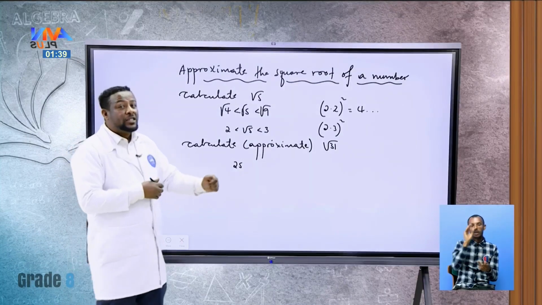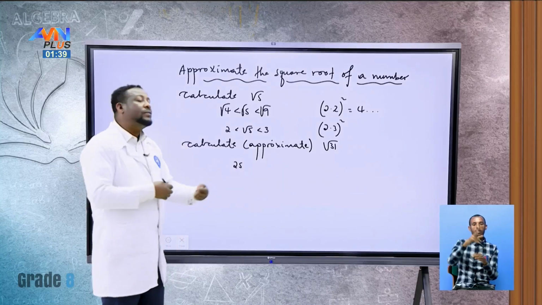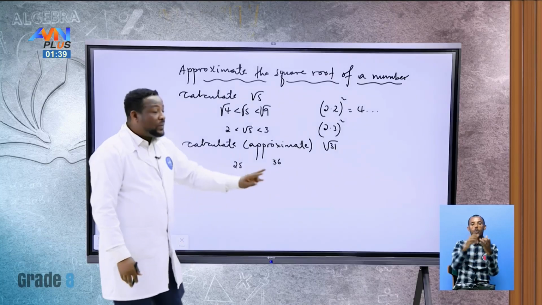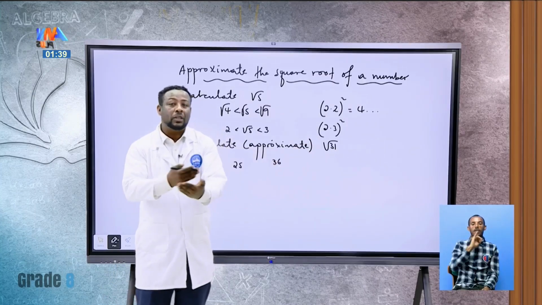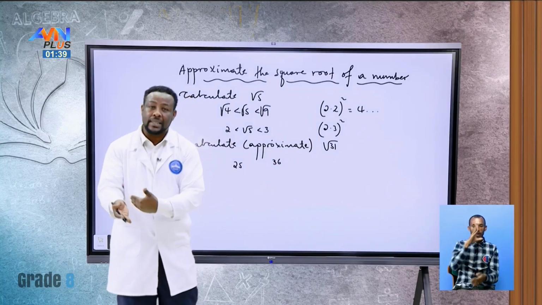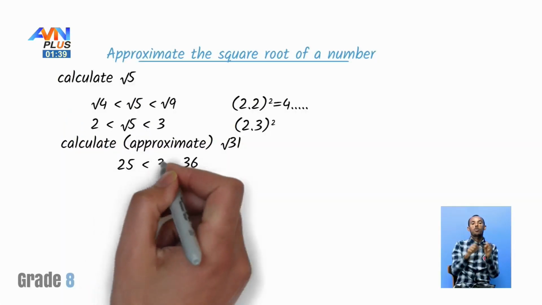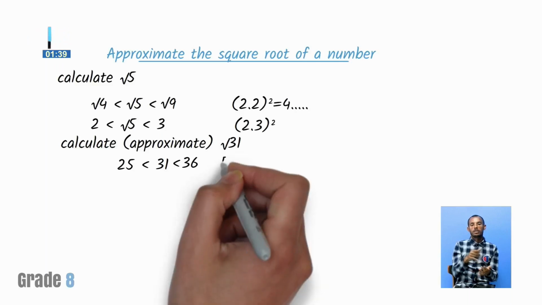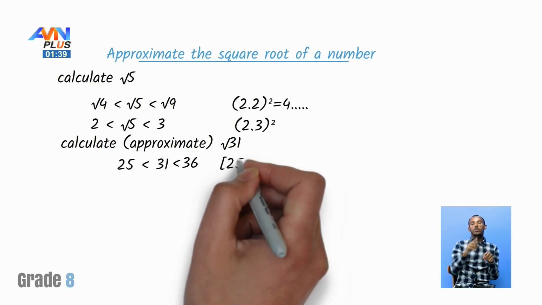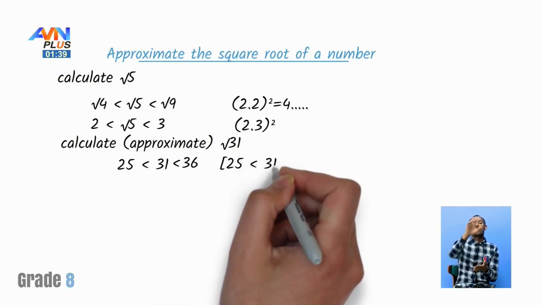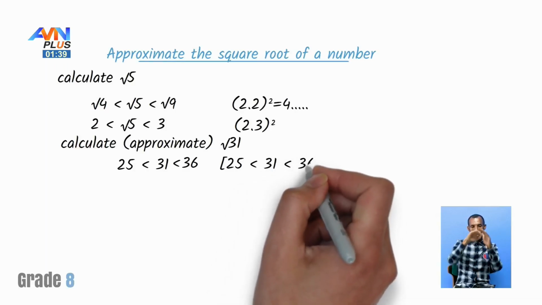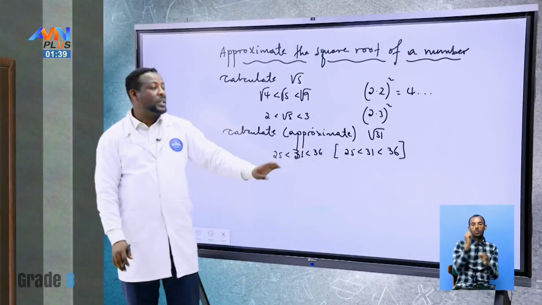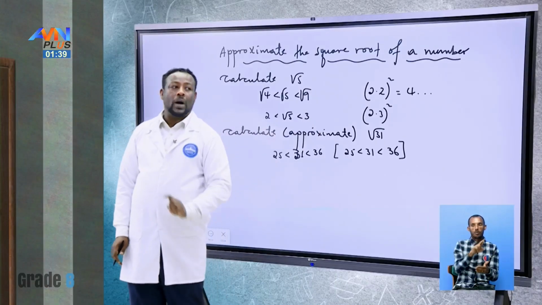The next perfect square that comes after 25 is 36, okay? So clearly 31 is a number between 25 and 36. So 25 is less than 31, 31 is less than 36. This is the first thing that you need to do in approximating the square root of 31.